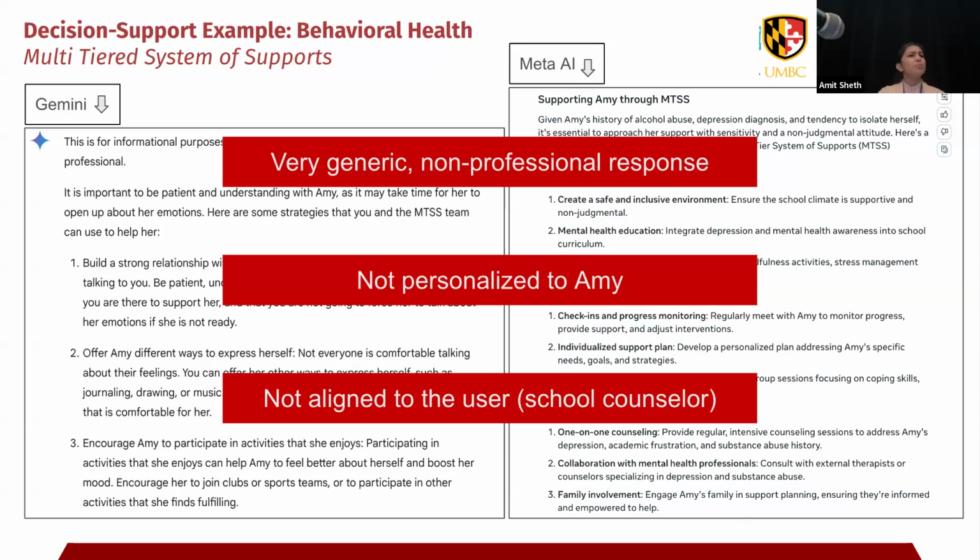Very generic, non-professional responses, not personalized to Amy, not aligned to the user, who is the school counselor in this case. This is the part where alignment plays a very important role. If you recall, Dr. Shet just talked about this a couple of slides before, of why alignment is a key aspect to be considered while building AI models, right?